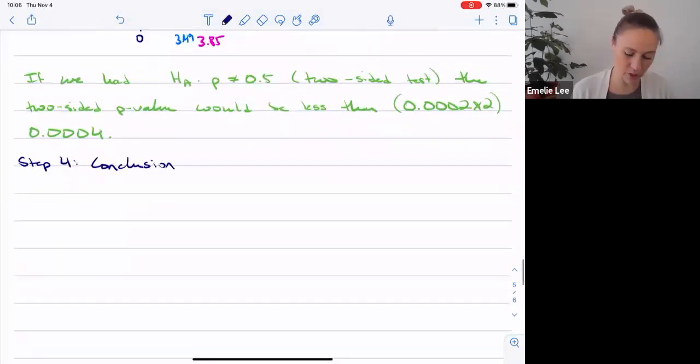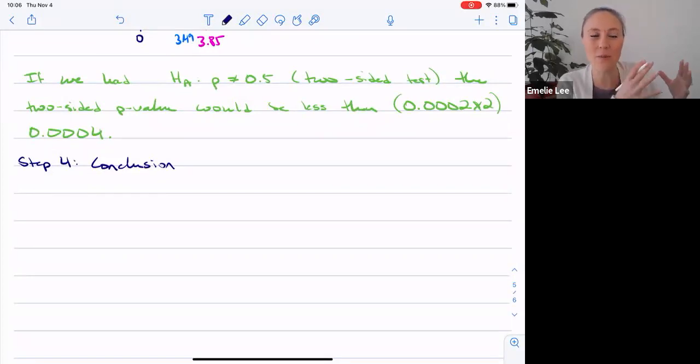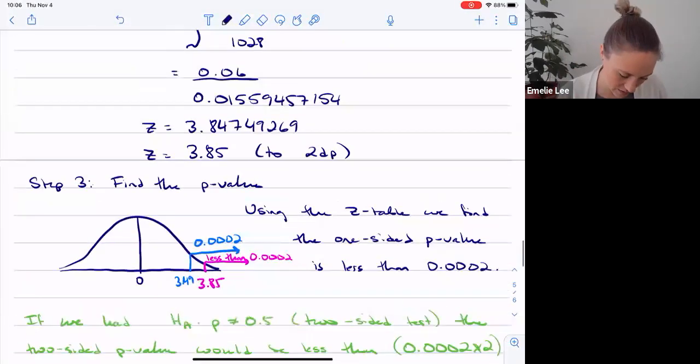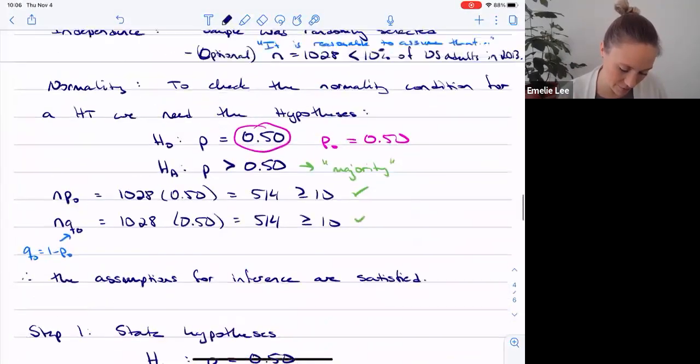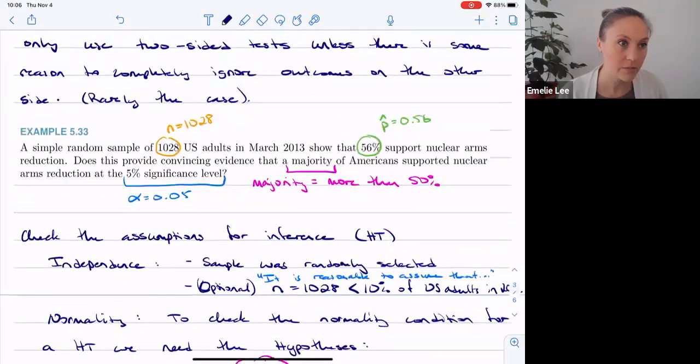For the conclusion, you want to state how the p-value compares to the alpha level. Remember, the question said to use a significance level of 0.05, so 0.05 is our alpha level.